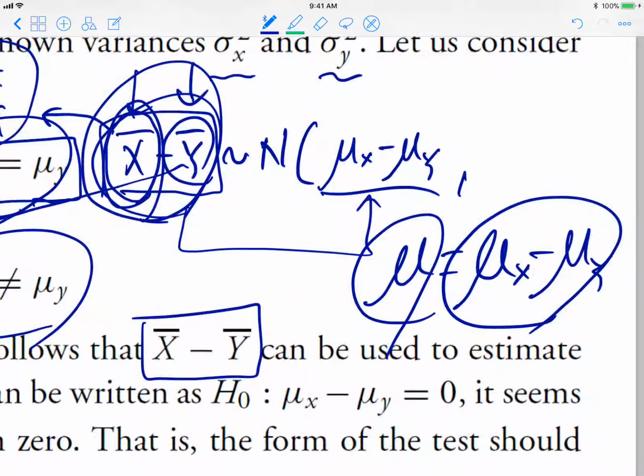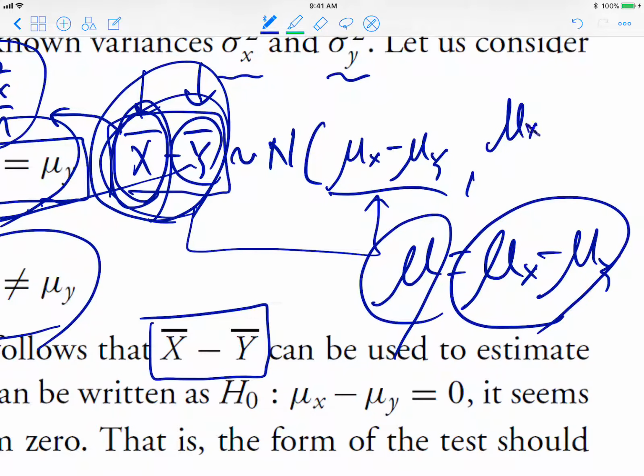So again, in this case, mu x is not actually mu y, but they are really close. So they are certainly different. We often say oracle. Oracle means some kind of god that knows everything. Oracle is also often used in machine learning concepts.